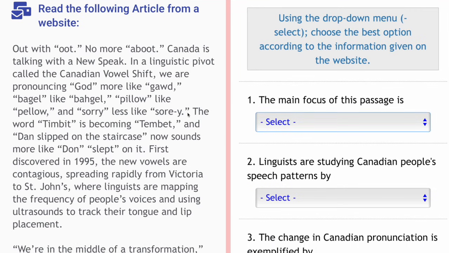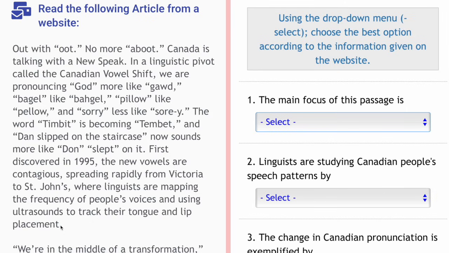Okay, the word Timbit is becoming Tembit, and Dan slipped on the staircase now sounds more like Dawn slept on it. Dawn slept, yeah, a little bit maybe. First discovered in 1995, the new vowels are contagious, spreading rapidly from Victoria to St. John's, where linguists are mapping out the frequency of people's voices and using ultrasounds to track their tongue and lip placement.